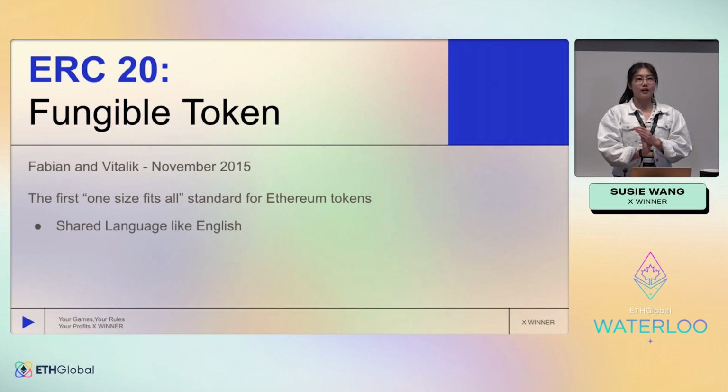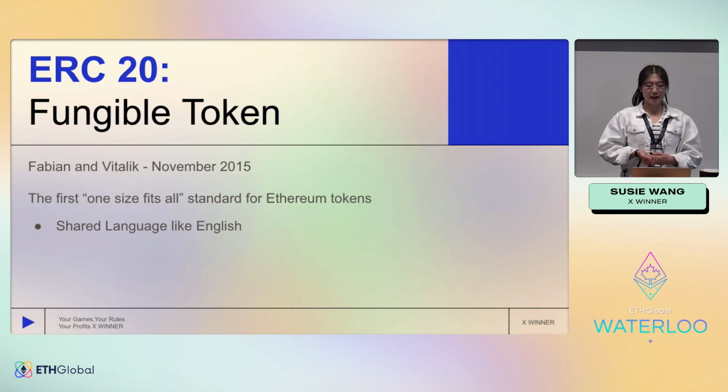I know you guys are more techy than I am and know a lot about code, but I do want to mention ERC-20 and ERC-721 a little, because those are something we cannot really skip. The first one is ERC-20, which stands for Fungible Token.